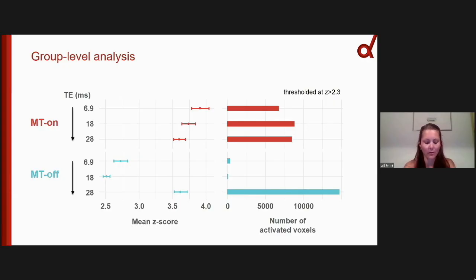For MT on, the highest Z-score is at shortest TE, and we see approximately the same number of activated voxels and similar Z-scores for all TEs, whereas for the MT off case, we see a classical BOLD behavior with a high number of activated voxels.